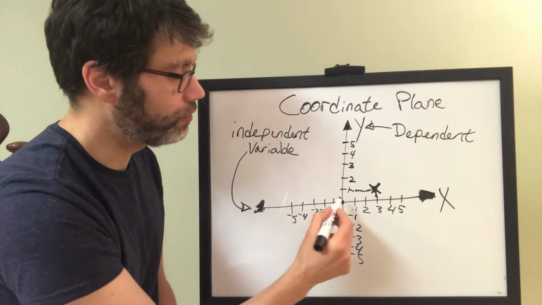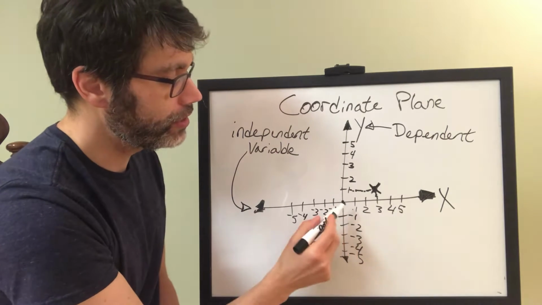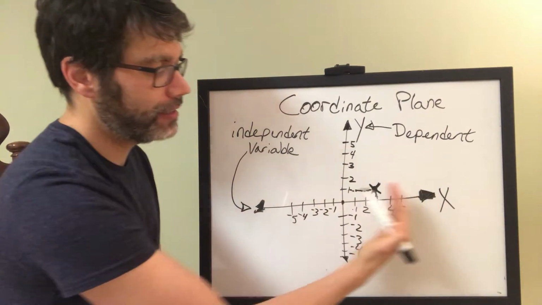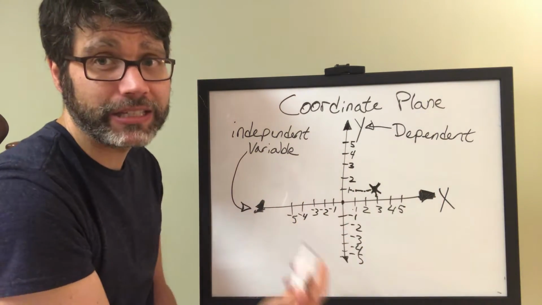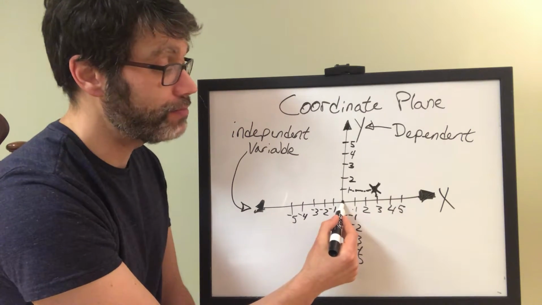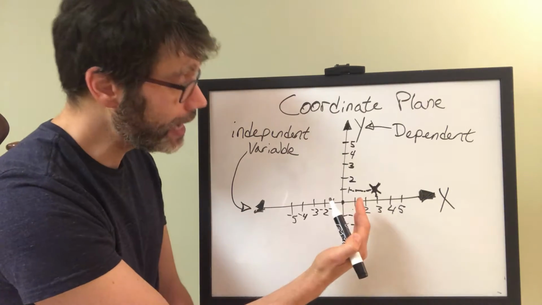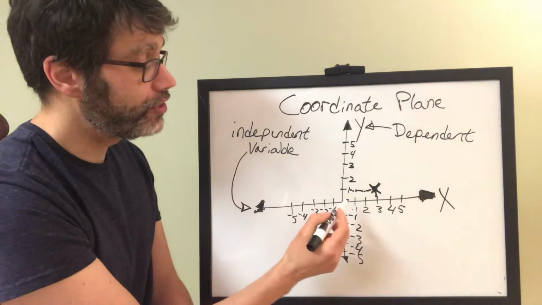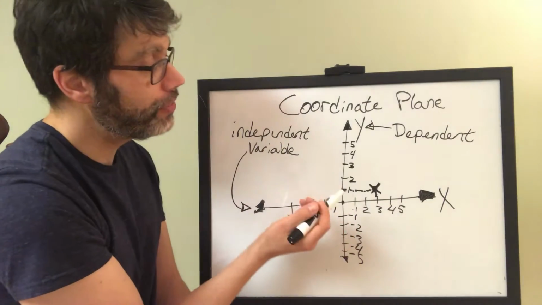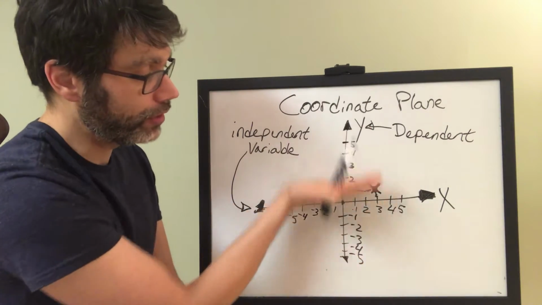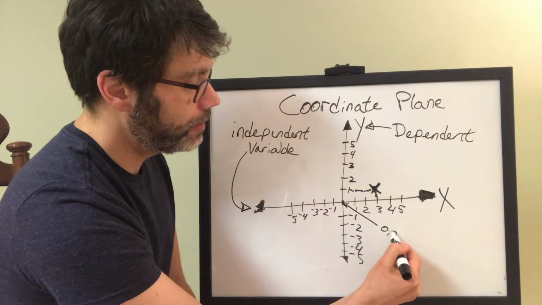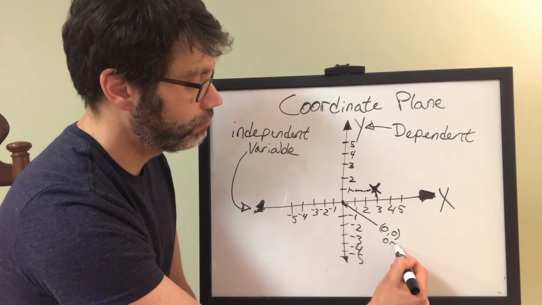So if we're starting here at the origin, this is called the origin, where the value of the x, or the independent variable, is 0, because we haven't moved left or right. And we haven't moved up or down either. So not only is the x value 0 right at this origin, but the y value is 0 at this origin, okay? So we could call this 0, 0, or we could call it the origin, okay?